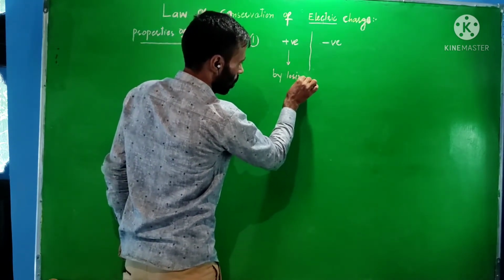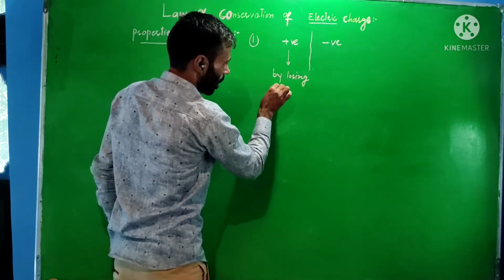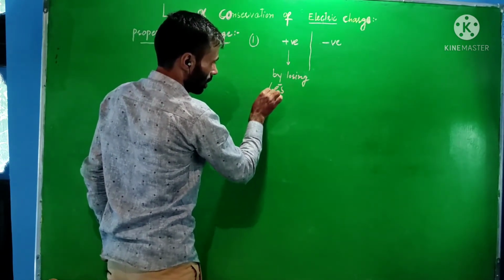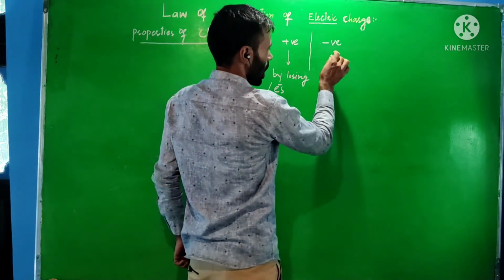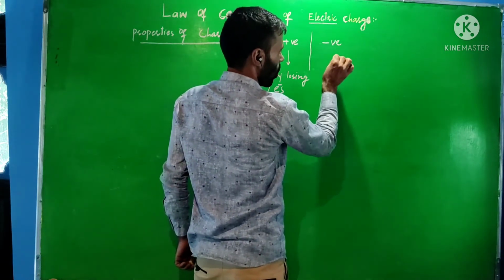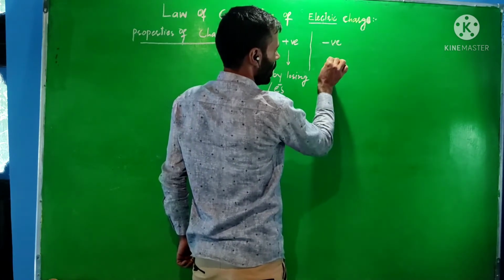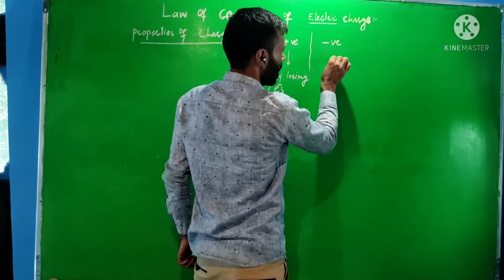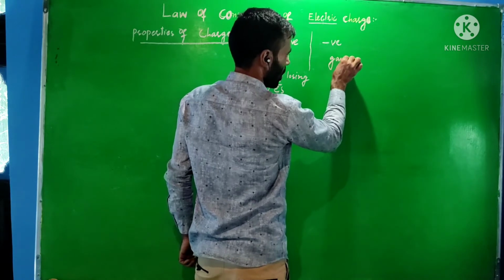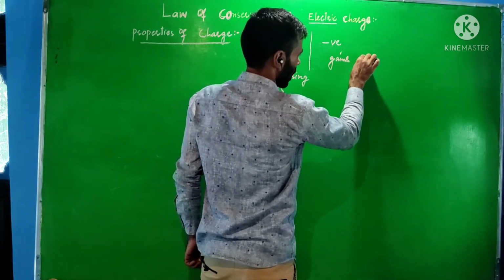Negative charge is acquired by an object if that object gains one or more electrons.